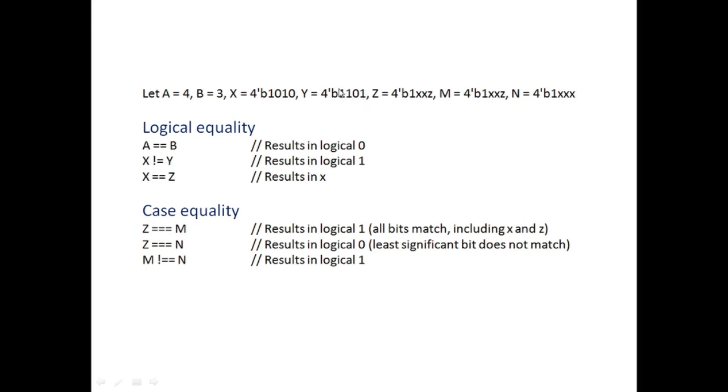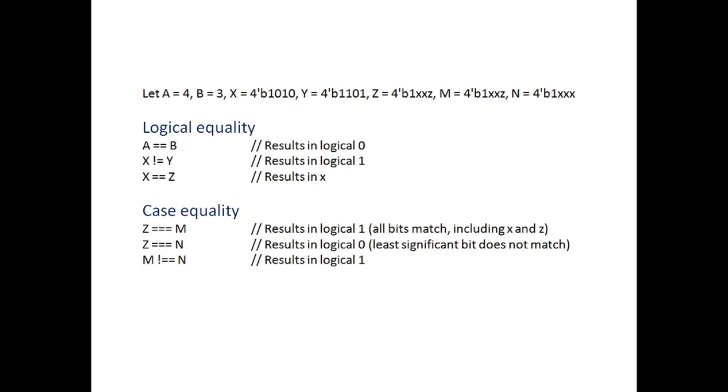Are these two not equal? Yes, of course, so it results in a logic 1. And x equal to z, this is my x and this is my z, are these two equal? No, because one of the operands is unknown, so it results in x. So the logical equality operators may yield an x if the operand has x or z in its bits.